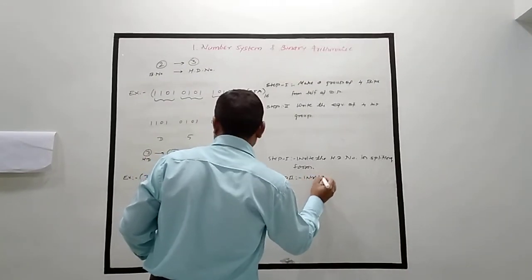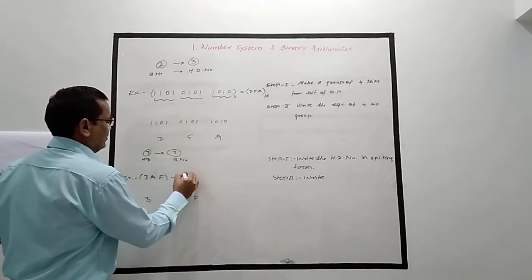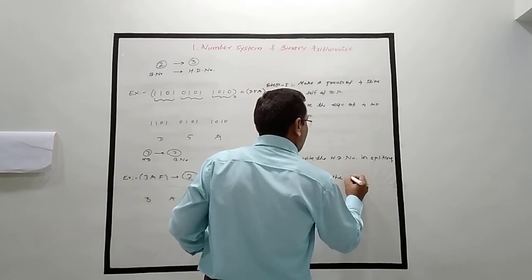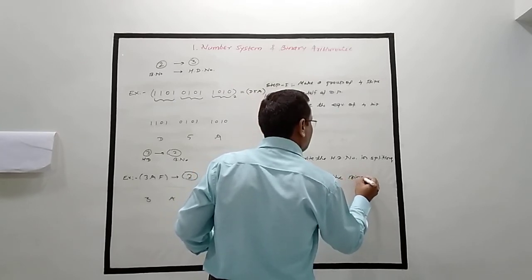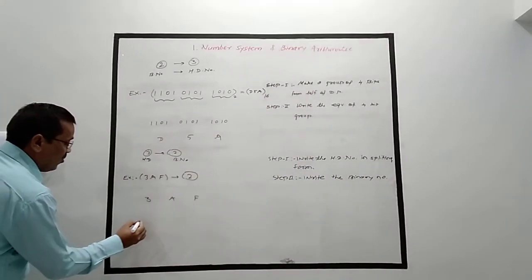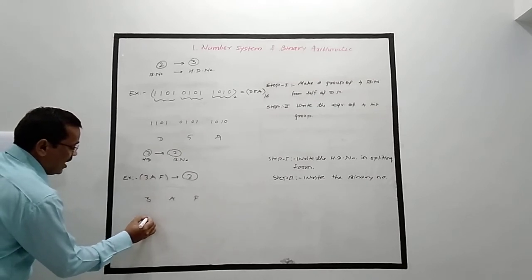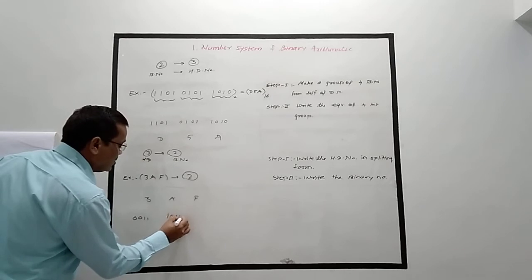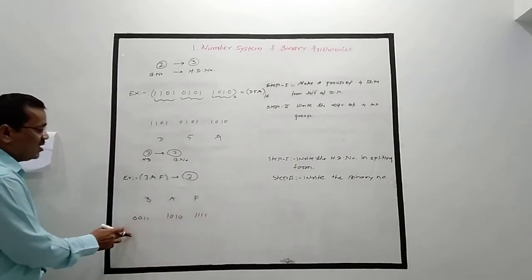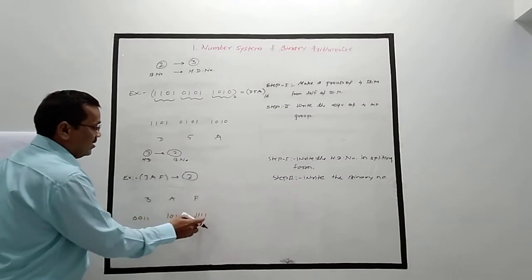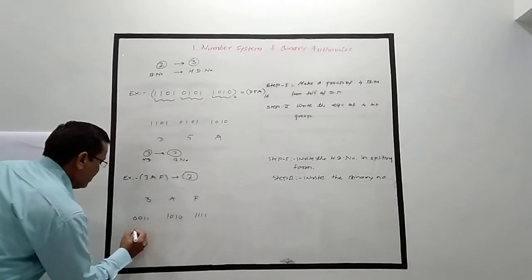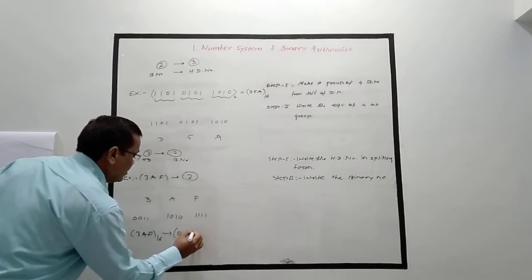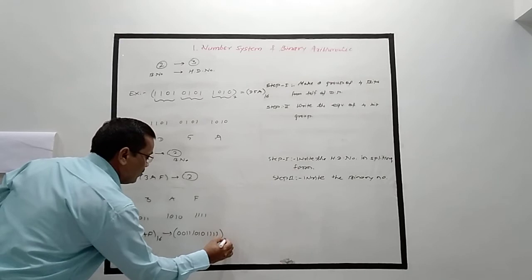Write the binary number in the form of 4 bits. So 3 is 0011, A is 10, which is 1010, and F is 1111. So 3AF, a hexadecimal number of base 16, is converted into binary as 0011 1010 1111.